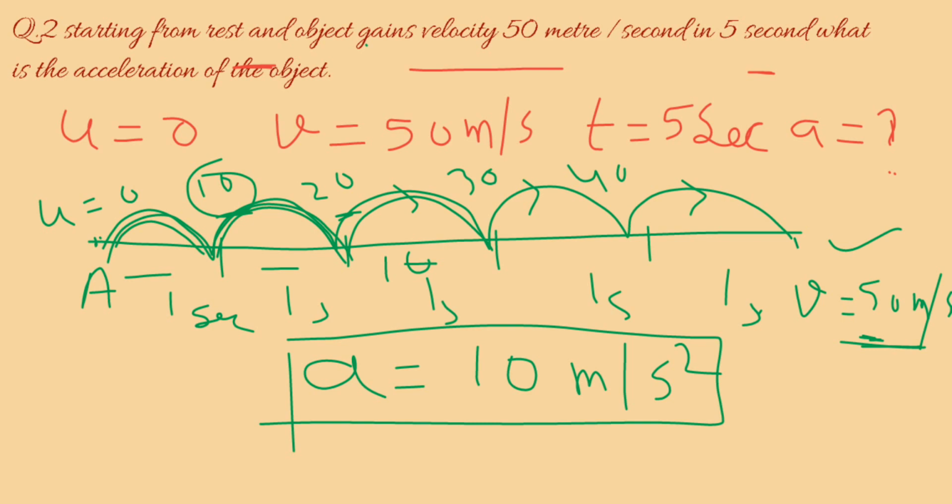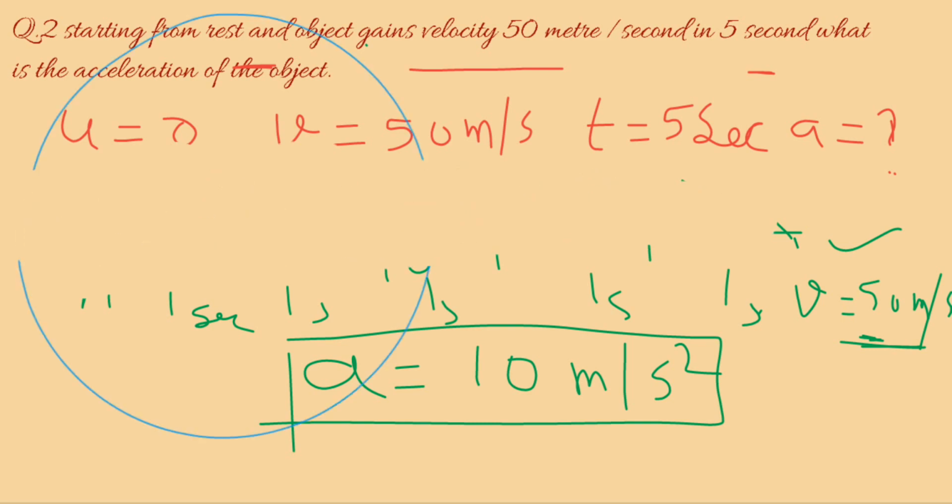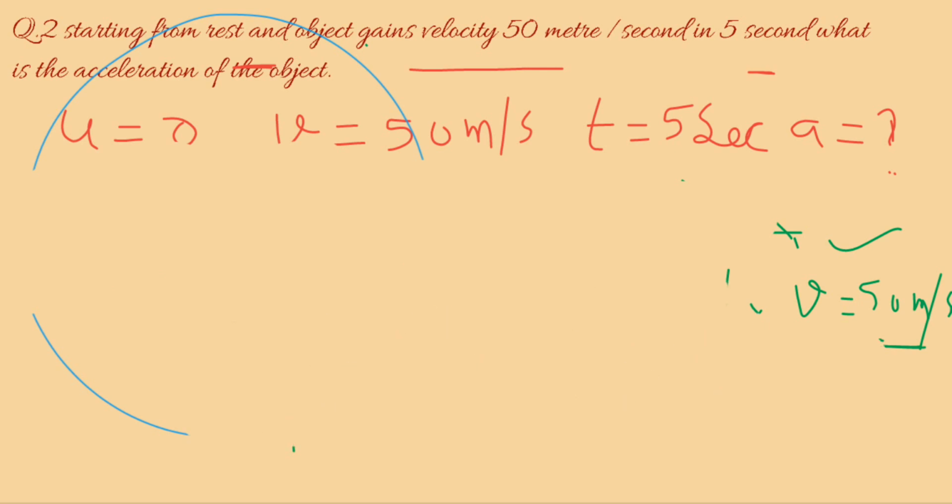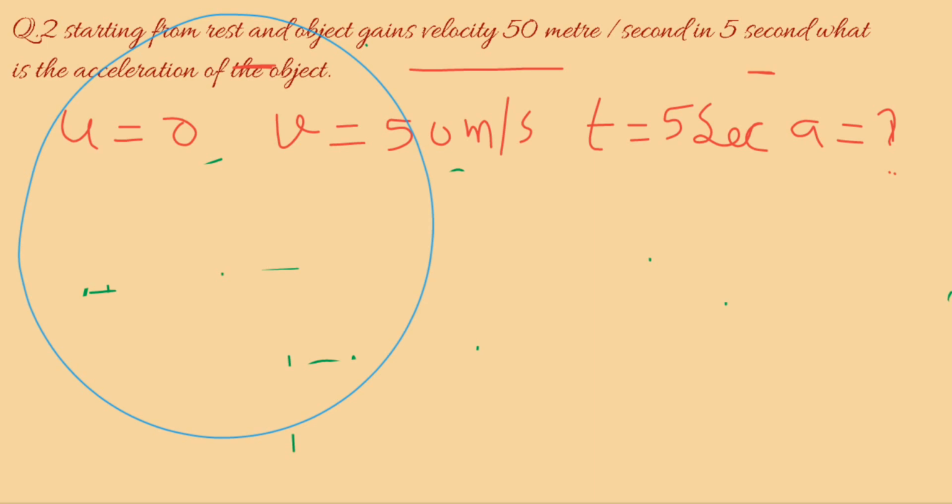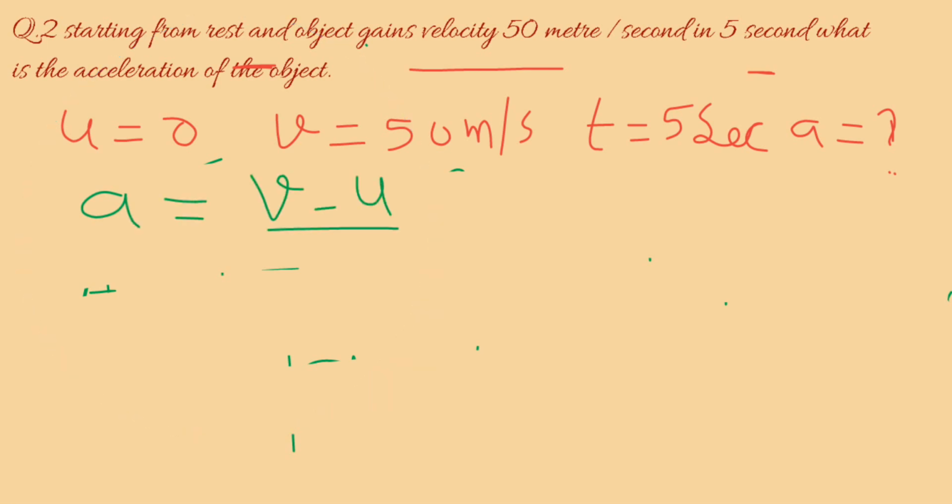Okay. For this I have to rub this. Now see, U is given, V is given. So we will apply the formula of a, (v minus u) by t.